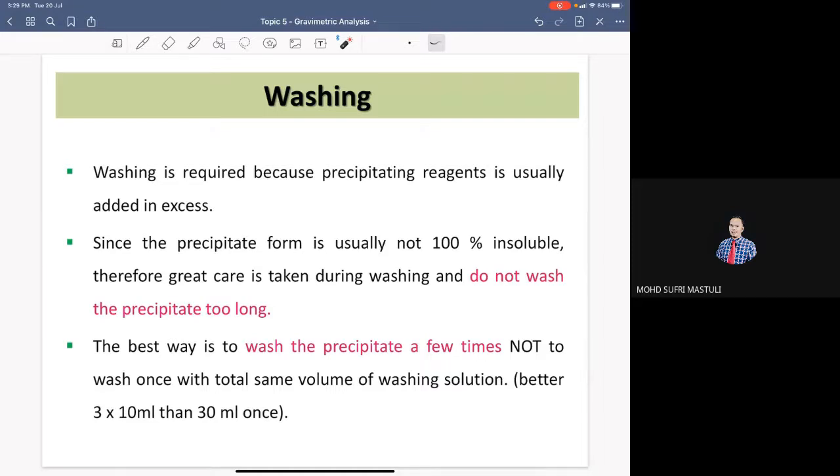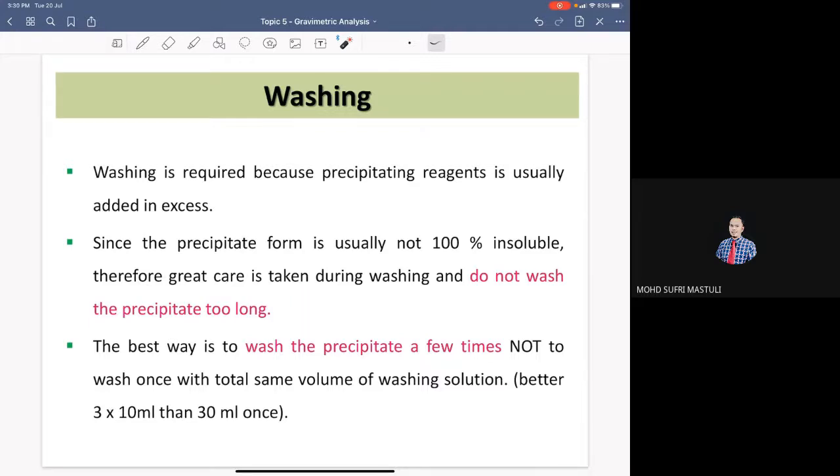Since the precipitate is usually not 100% insoluble, great care should be taken during washing because we don't want the analyte flushed out, so we do not wash the precipitate too long.